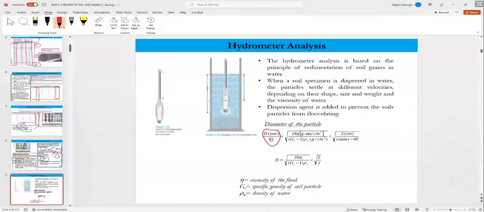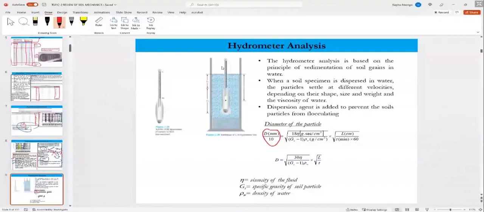When we have a hydrometer, you have soil with water, agitate it a little bit, and add a dispersing agent, to prevent the particles from flocculating, and then put in the hydrometer, then it sinks down.